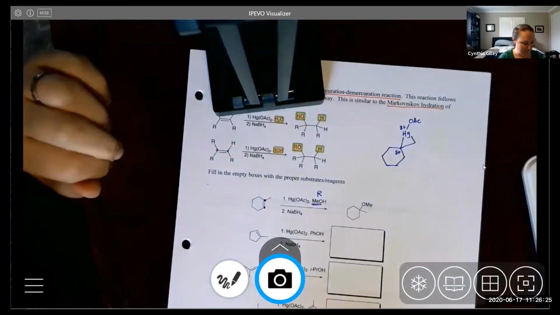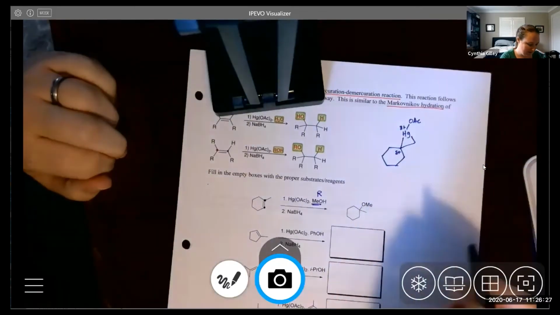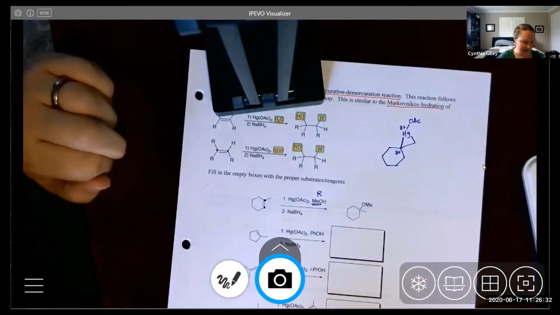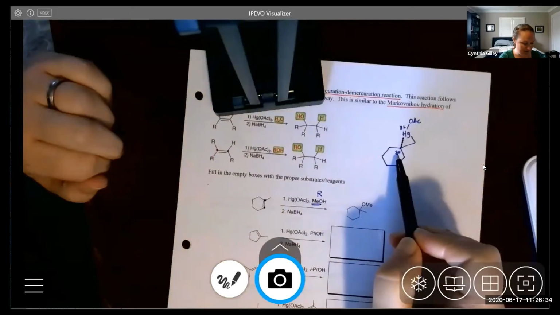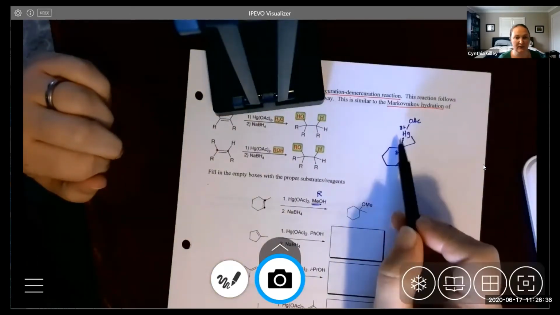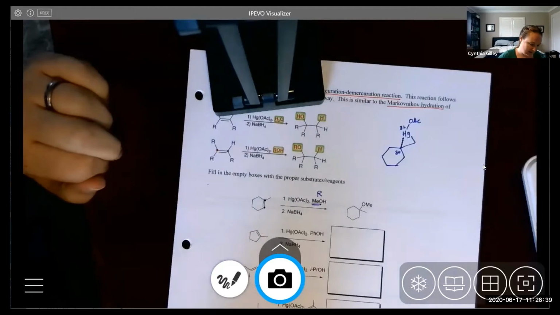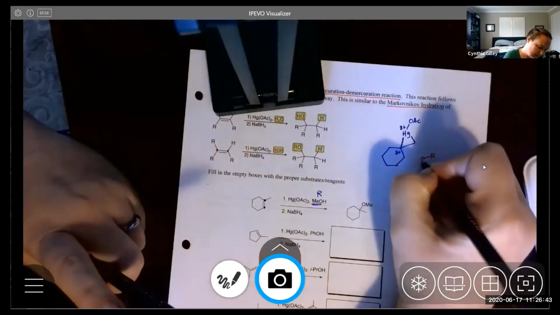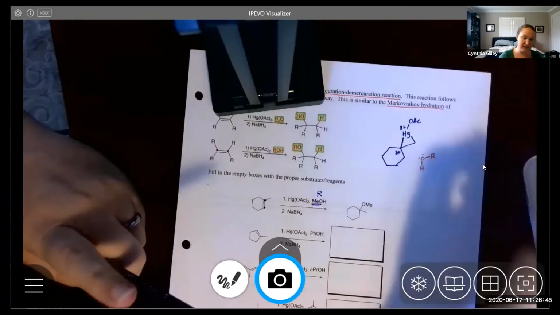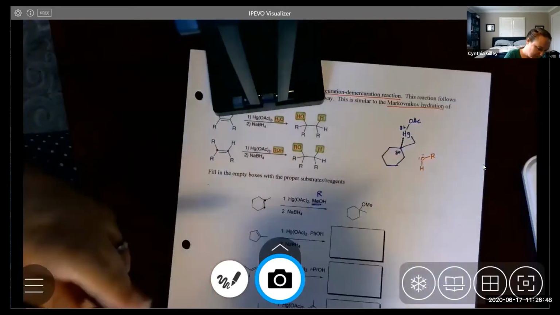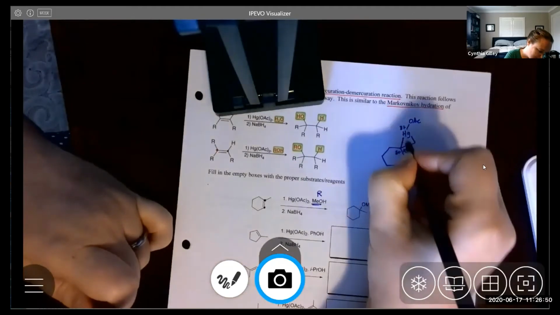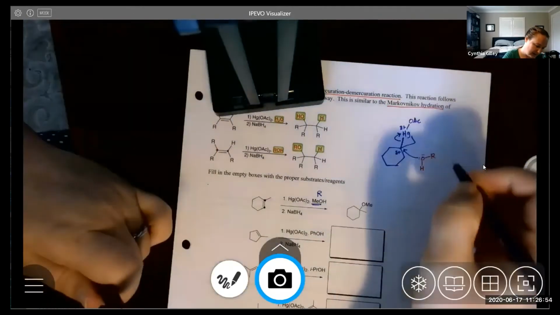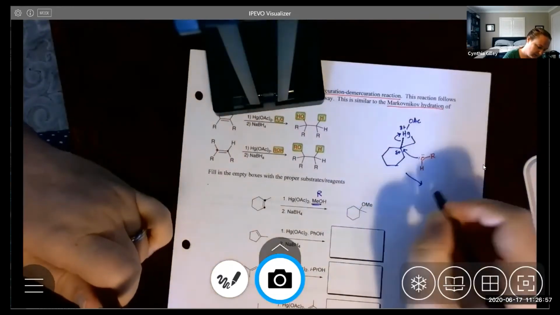Instead of having a full positive charge on the mercury, this bond sort of lengthens and it shares the positive charge on the more substituted carbon here. And so that's why the water, or in this case an alcohol instead of water, that reacts very similarly, will preferentially attack that more substituted position. And we'll kick out the mercury, the leaving group.